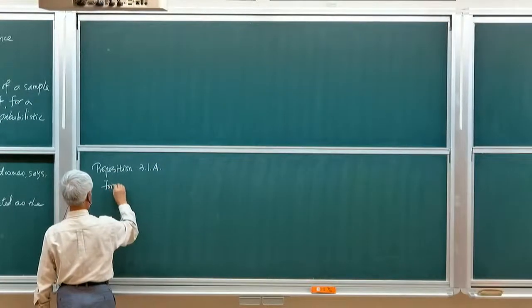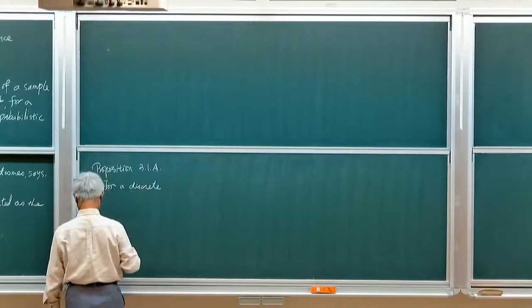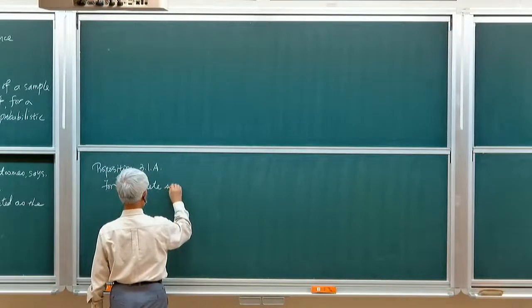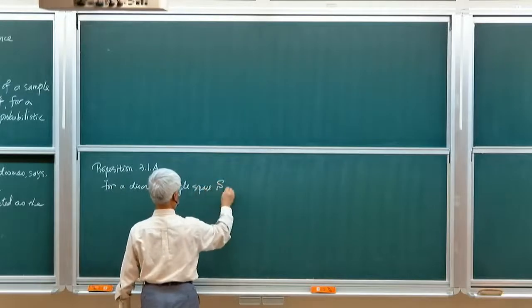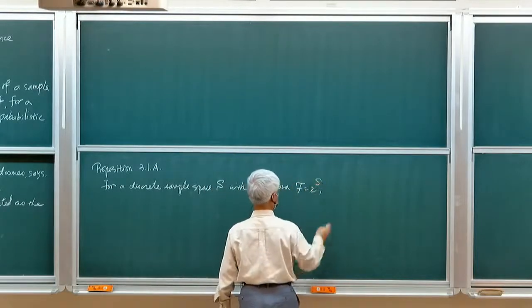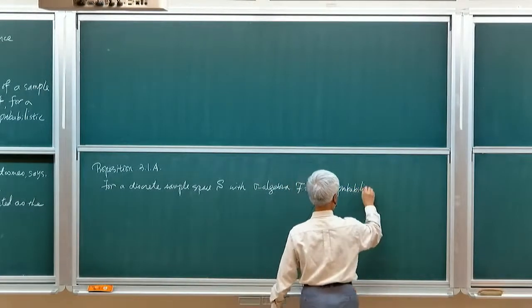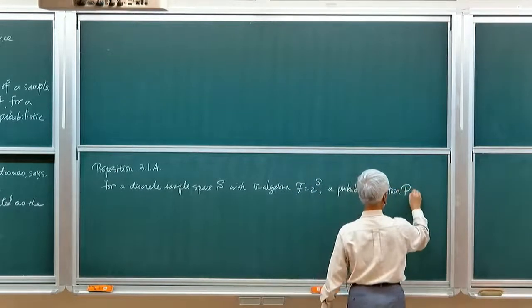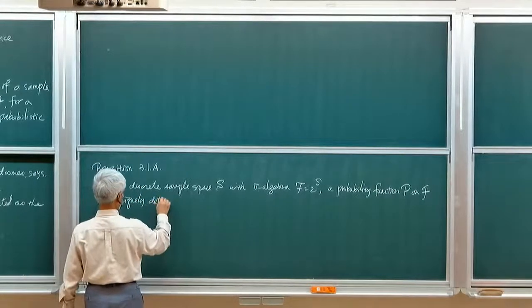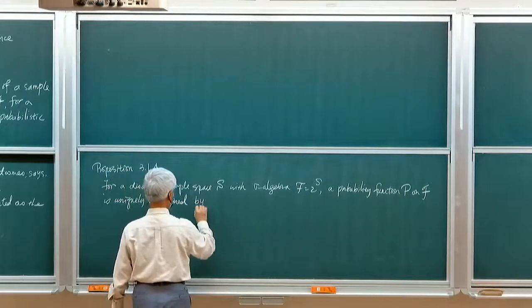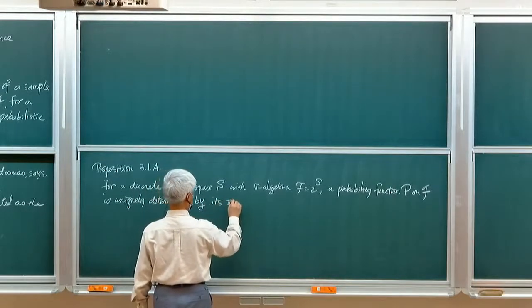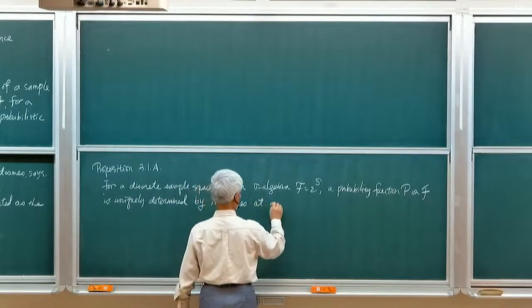Okay, for a discrete sample space with sigma algebra F equal to 2 to the X, a probability function P on F is uniquely determined by its values at atomic events.